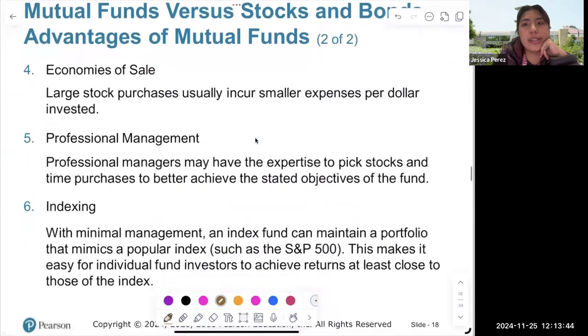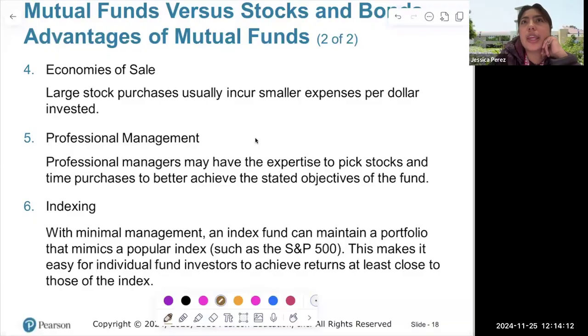There's more benefits. Economies of scale: large stock purchases usually incur smaller expenses per dollar invested. Professional management. Normally the people who take care of your bonds and your stocks are brokers. Professional managers may have the expertise to pick stocks and time purchases to better achieve the stated objectives of the fund.